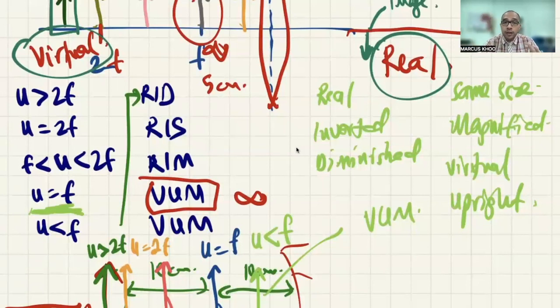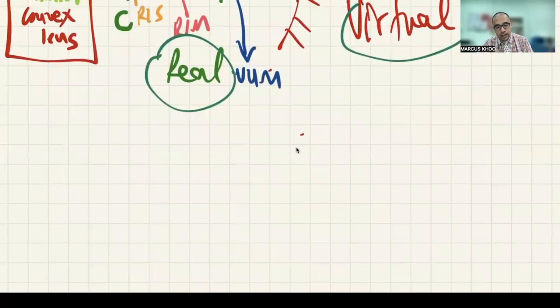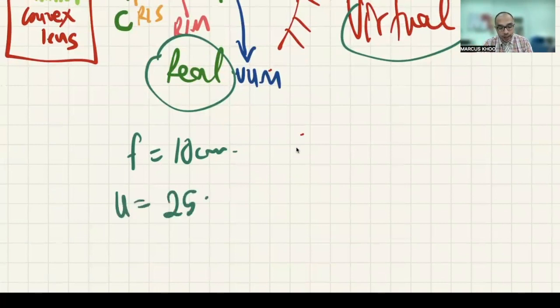Okay, so one very important application of this is this. Let's say I say that the focal length is 10 cm. Okay, and then I position my object at 25 cm. My object distance is 25 cm. I put it in front of whatever, concave mirror or convex lens, same thing.